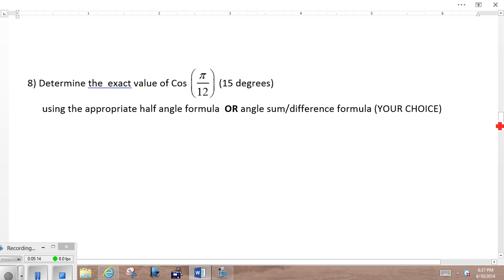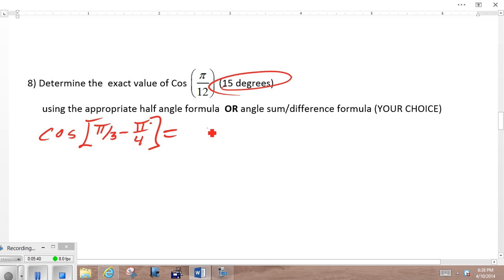Determine the exact value of the cosine of pi over 12. That's 15 degrees. So I'm going to do it by the difference, the cosine of effectively 60 minus 45. So pi over 3 minus pi over 4, which of course is the cosine of pi over 3, cosine of pi over 4, plus the sine of pi over 3, sine of pi over 4.